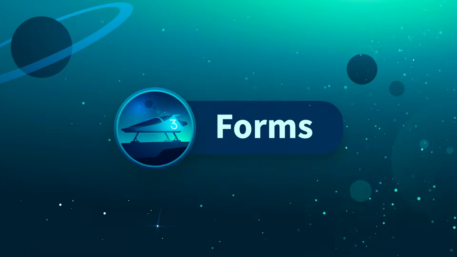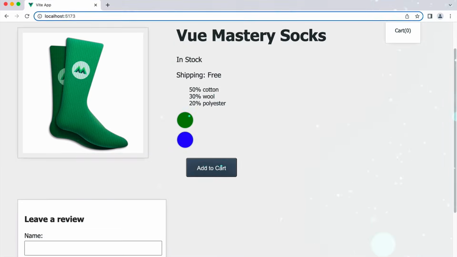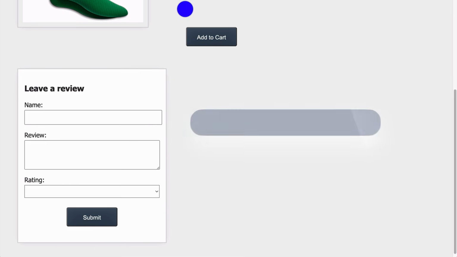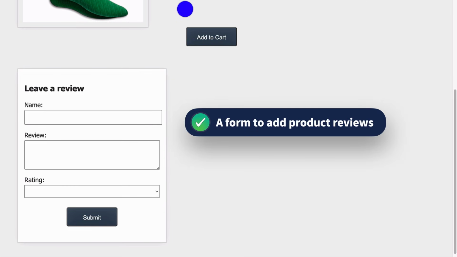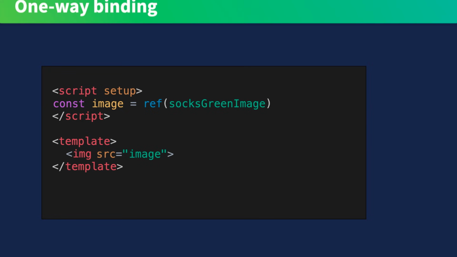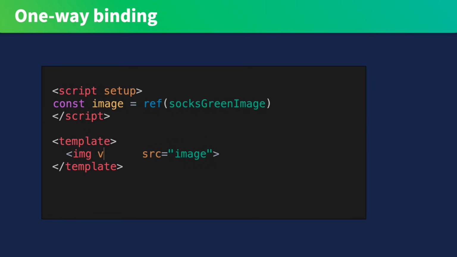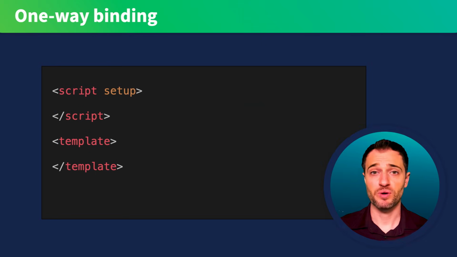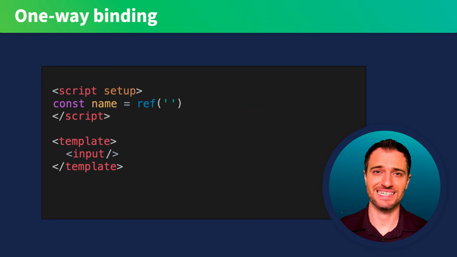In this lesson, we're going to learn how to build forms with Vue. By the end of the lesson, we'll have a form here where users can add product reviews. At the beginning of this course, we learned about v-bind, which creates a one-way binding from the ref to the template. When working with forms, however, this one-way binding isn't enough.